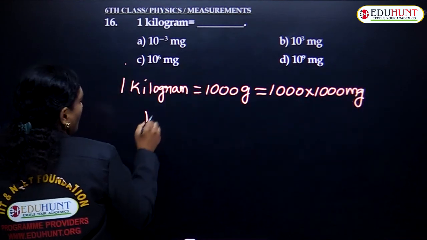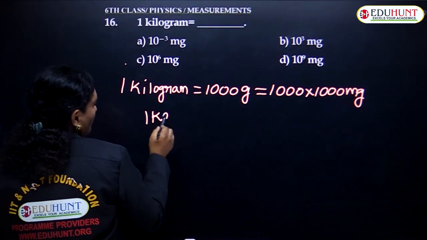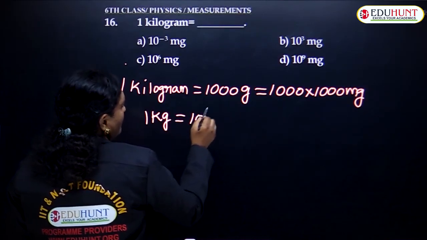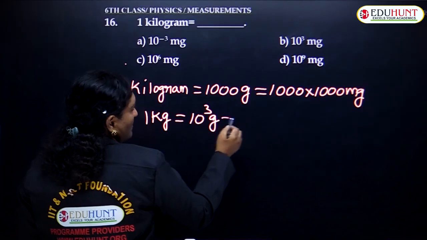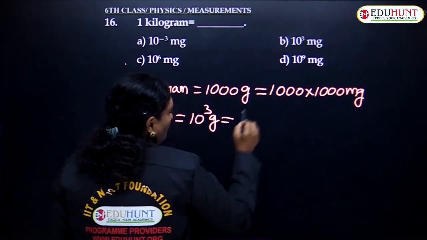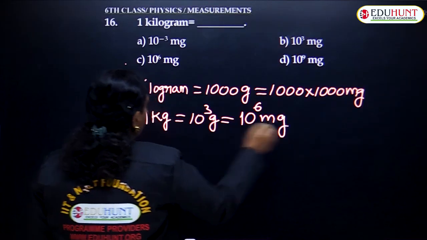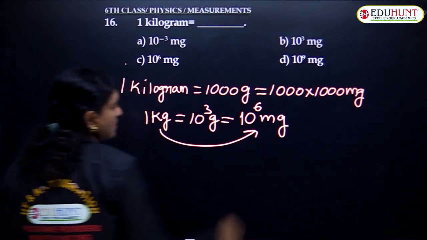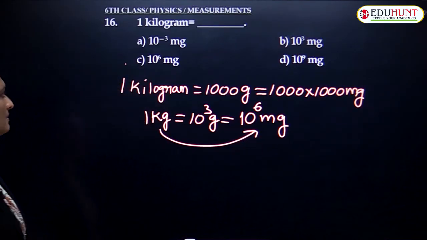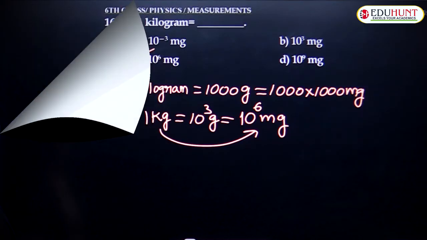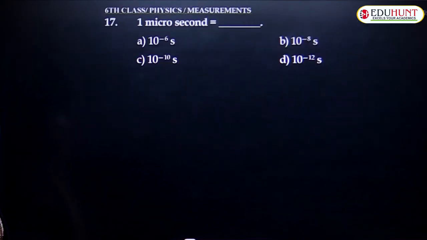So clearly 1 kilogram, short form kg, equals 10 power 3 g, which is equal to 1, 2, 3, 4, 5, 6, altogether 10 power 6 milligrams. So 1 kilogram is equal to 10 power 6 milligrams. Option number C.